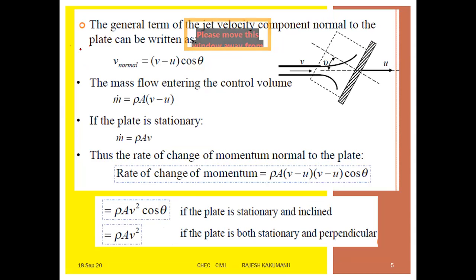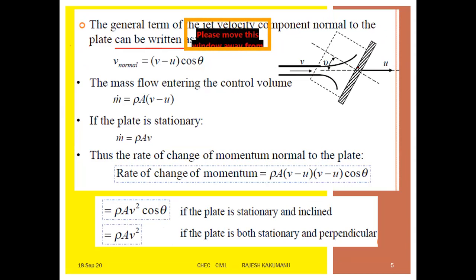Next one. The general term of a jet velocity component normal to the plate can be written as follows. See here, if you are taking a plate with an angle, this is the x-axis, and this is the normal surface where the jet is striking onto the inclined plate.